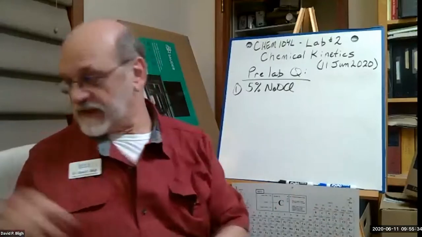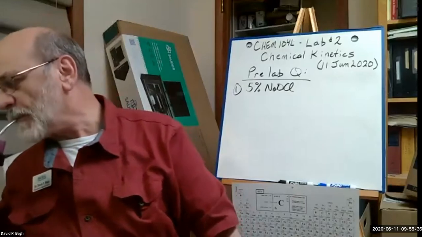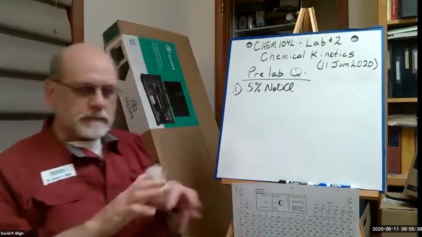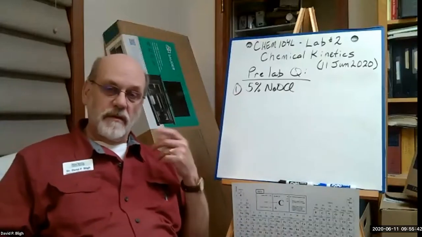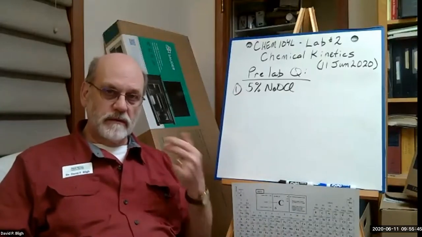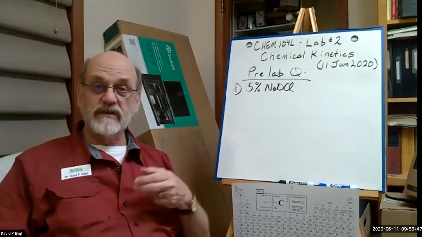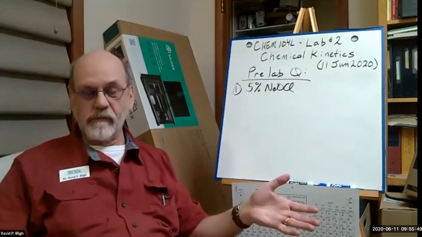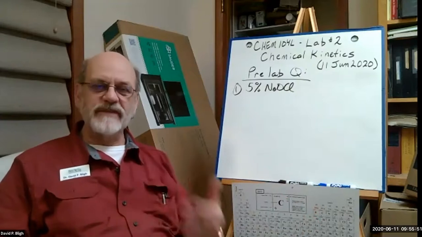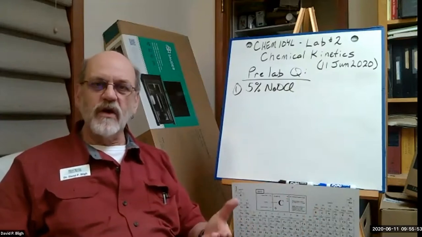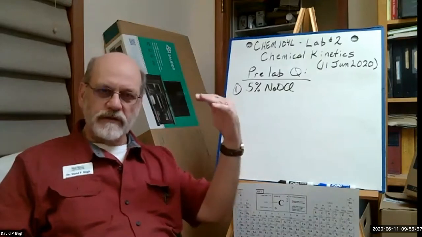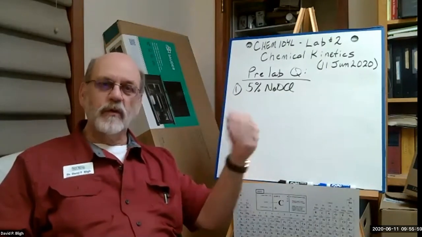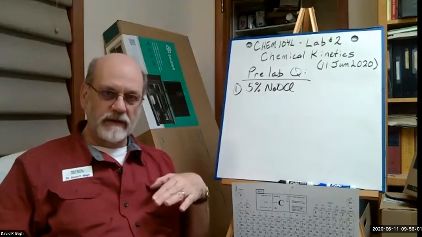Now, as you've heard me say in class, what does percent mean? Percent means parts per 100, which means it has no dimensions. The only way you can apply dimensions to percent is to know whether the numerator is mass or volume, whether the denominator is mass or volume.